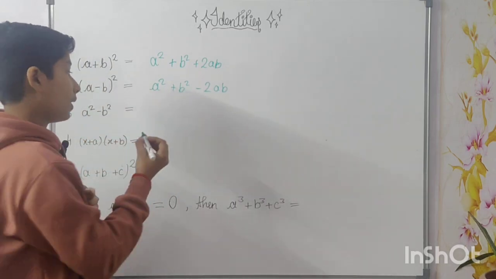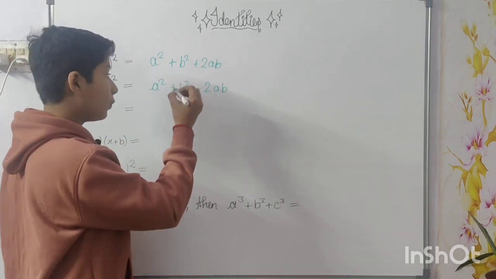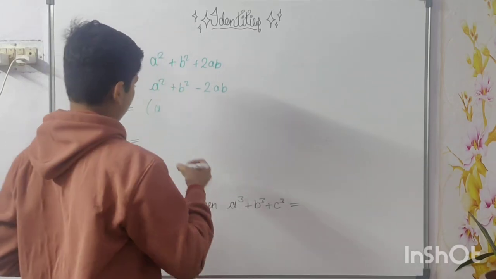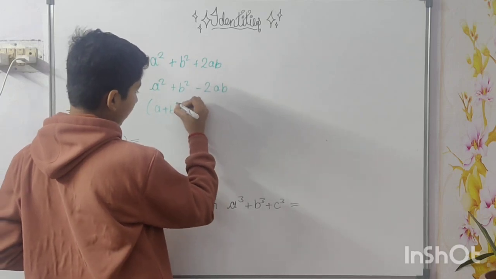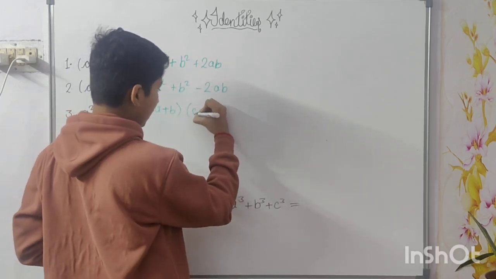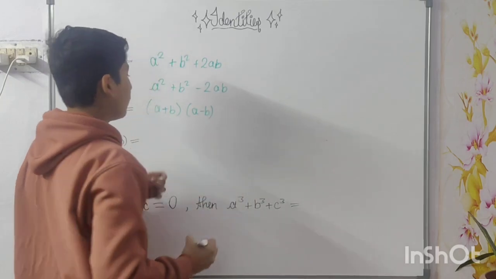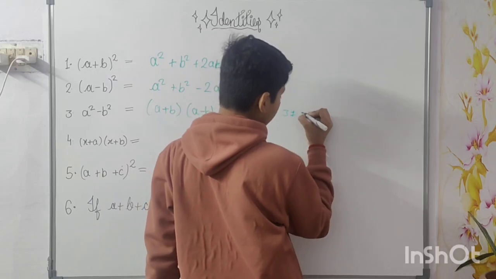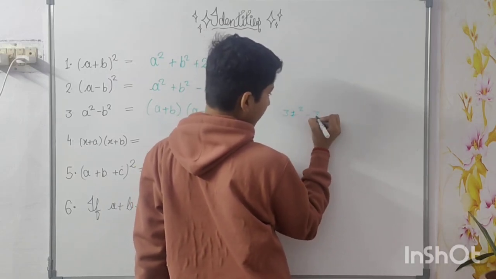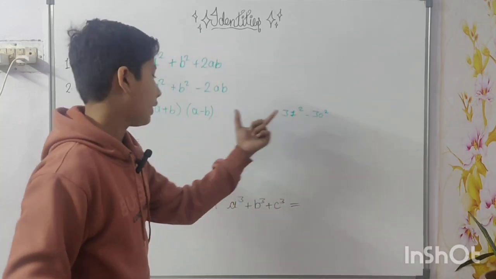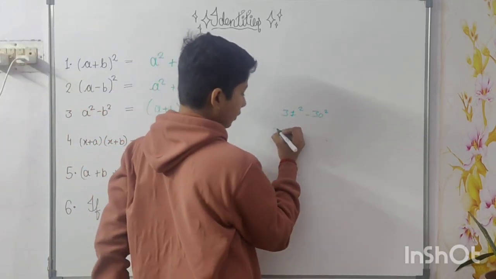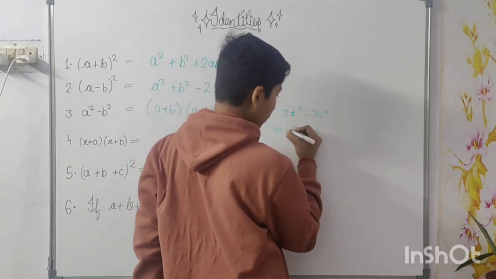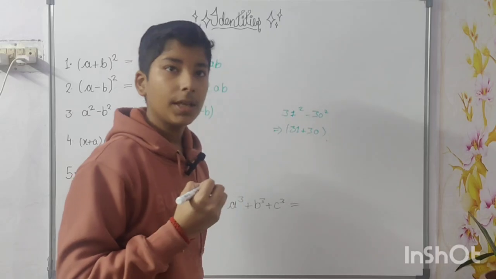Now a square minus b square. This is different from both of these. Over here, firstly we add both of them, and secondly we subtract both of them. So firstly a plus b, multiplied by a minus b. If we take 31 square minus 30 square, we add both of them, 31 plus 30, multiplied by 31 minus 30, hence 1.